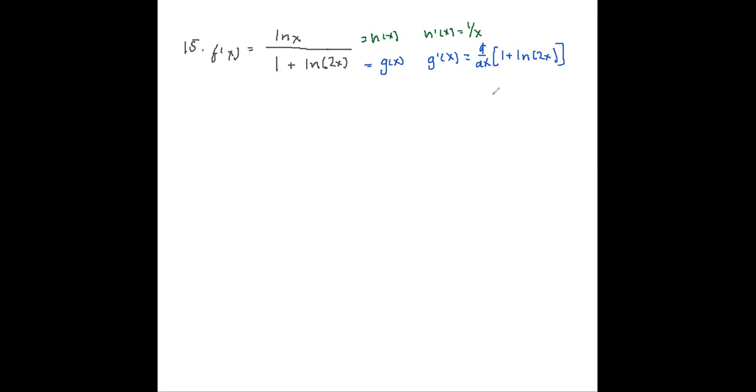Saying that my original function is, we'll call j of k, which is the natural log of k. j prime is equal to 1 over k. I have my k of x is equal to 2x. k prime of x is equal to 2. I have to put this together in the form j prime of k times k prime.